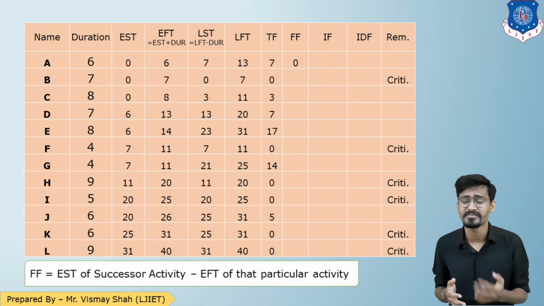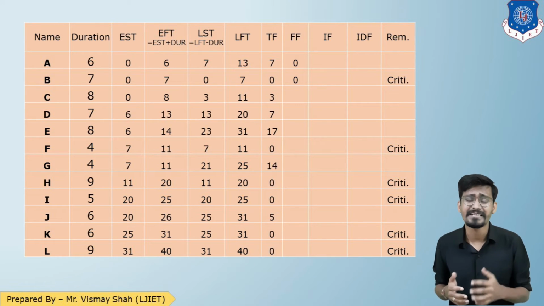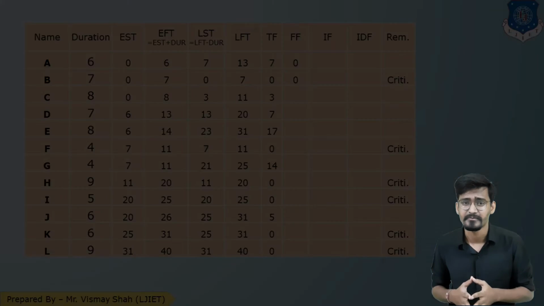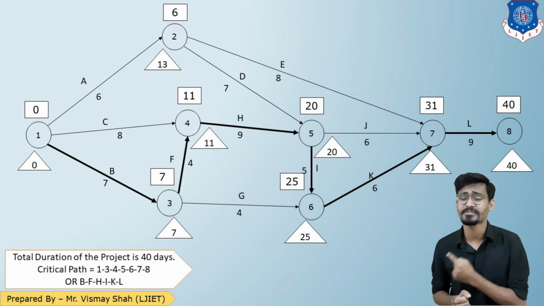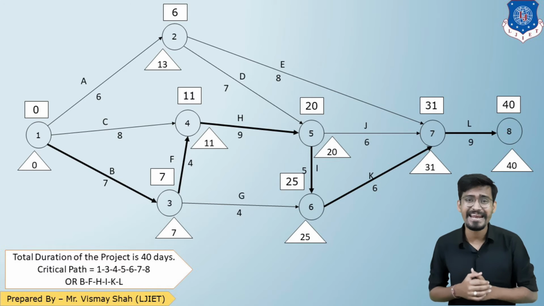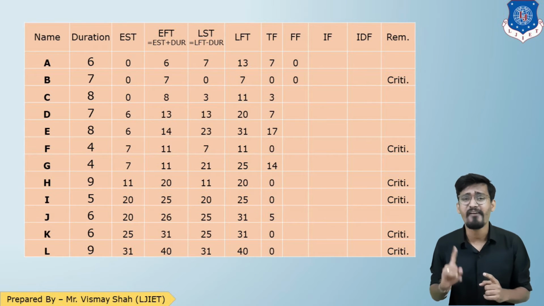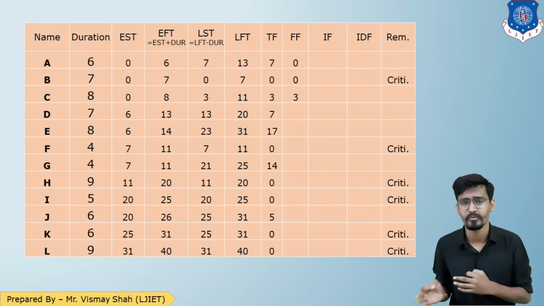EFT of B is 7. So 7 minus 7, 0. That is how you need to complete the entire free float table. Let us see for activity C. For activity C, as you can see in the network, H is coming out. Now from the table, let us look at the EST of H. So EST of H is 11. EFT of C is 8. So 11 minus 8 will get 3.